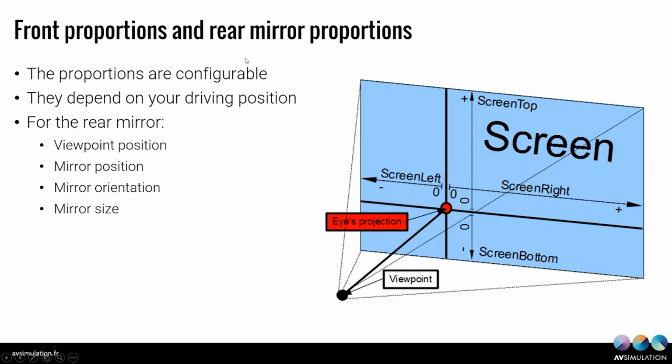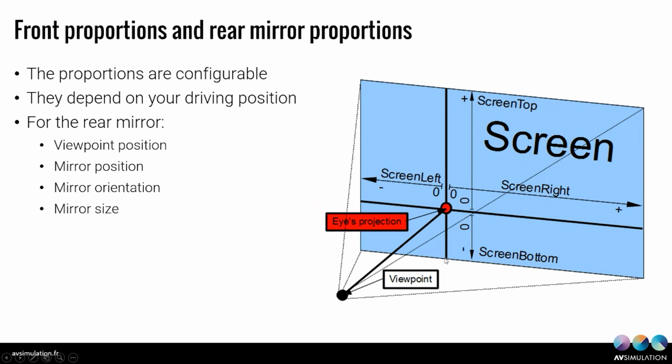The driving position will take into account the distance from the viewpoint of the driver to the screen, and from the projection of the eye point of the user, we will measure the distance to the right of the screen, to the left, to the top and to the bottom of the screen.